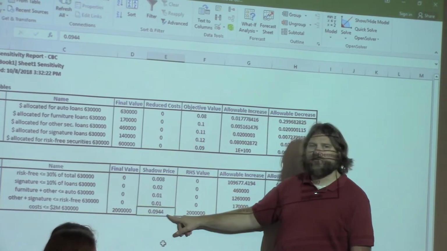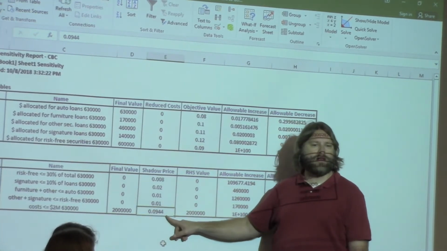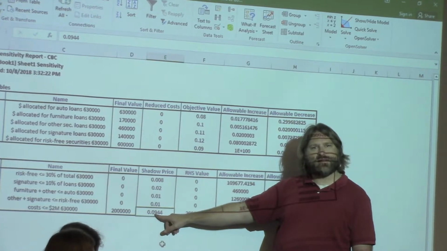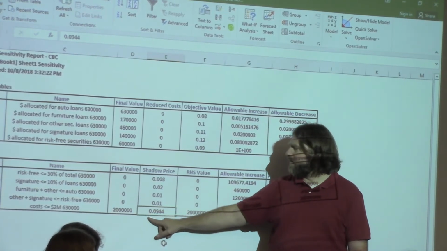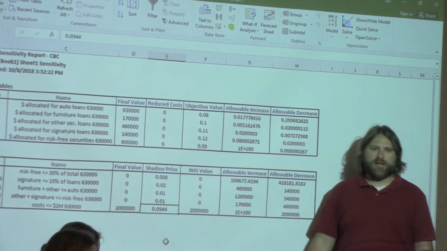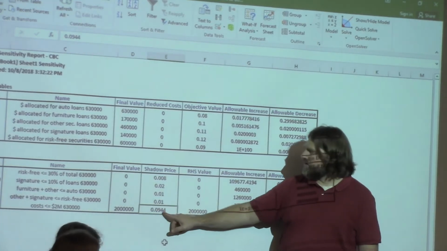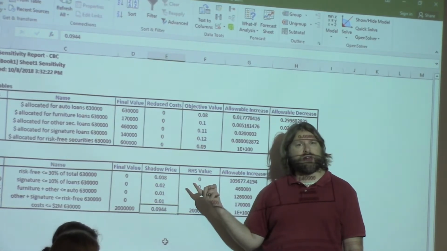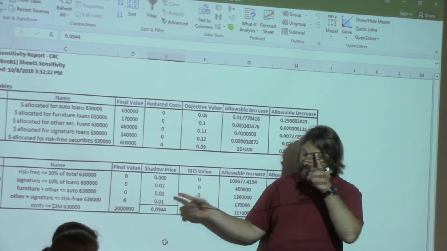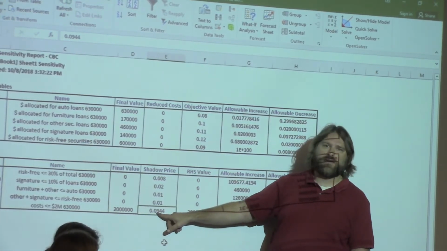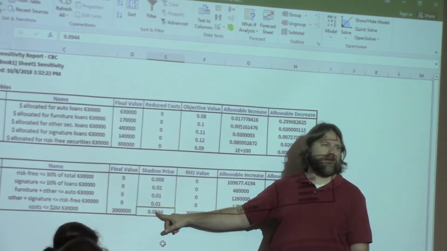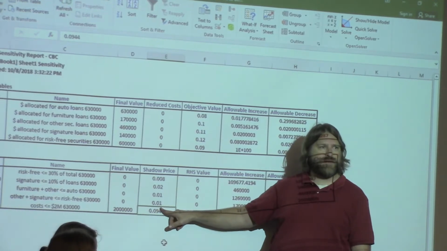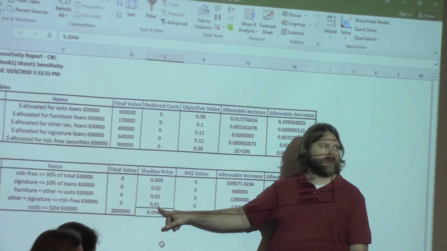This is if we invest $1 overall, we make 9 cents, if we allocate that dollar in the same way. So if we could invest not $2 million but $3 million, we would expect to make whatever 9% of $1 million is, so we'd expect to make $90,000 more.